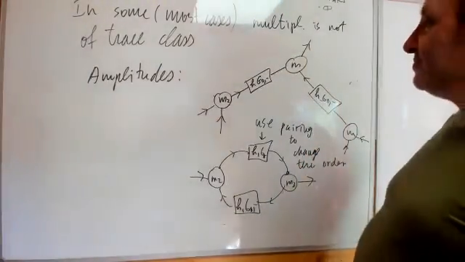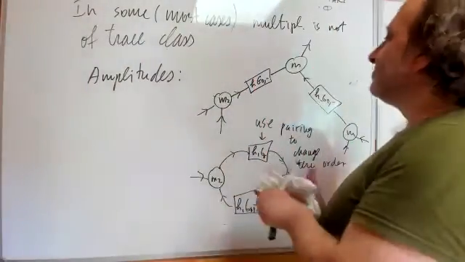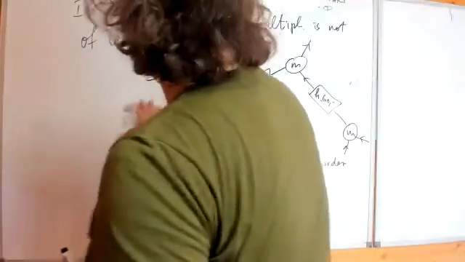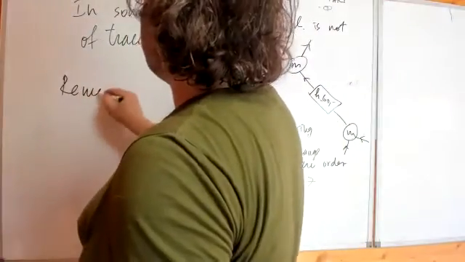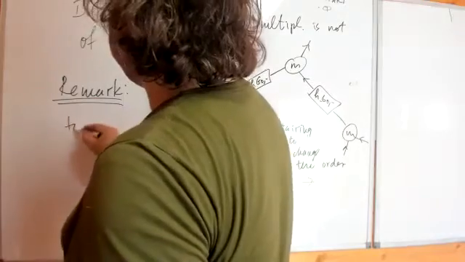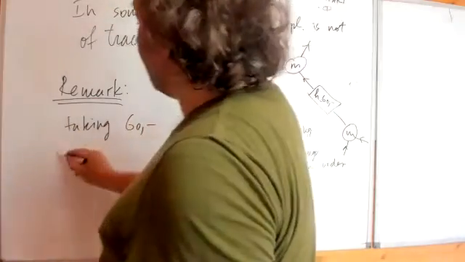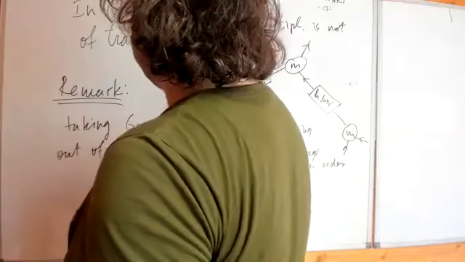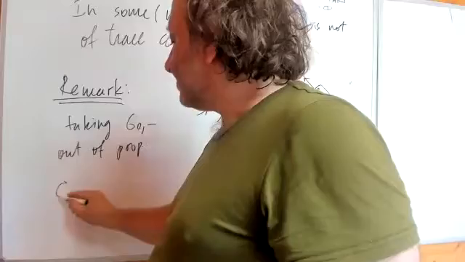Remark: taking G0 minus out of the propagator would lead to a new vertex.